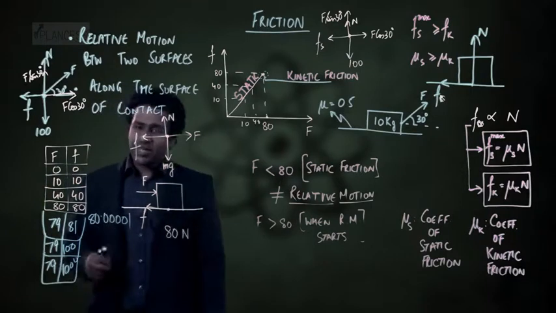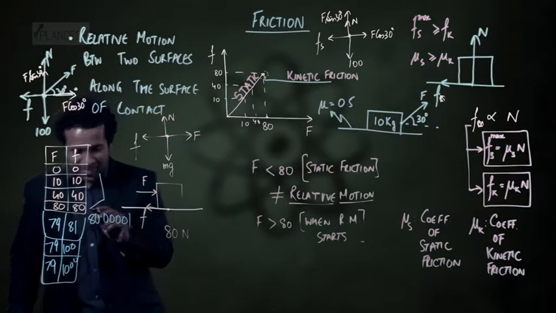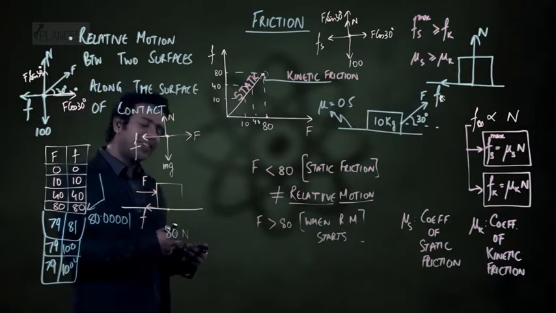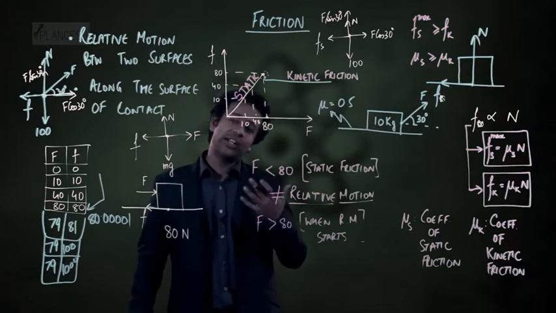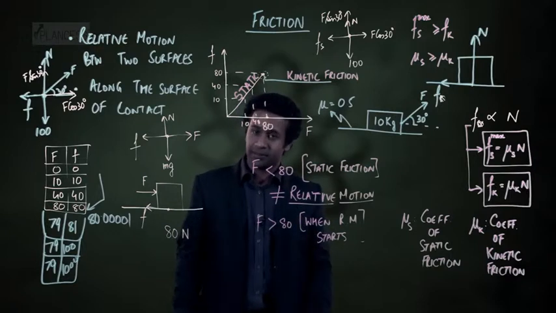So we could say that the minimum force to start the motion is exactly 80, because even if it is slightly more than 80, the motion would start. So it is okay to say that 80 is a critical point.